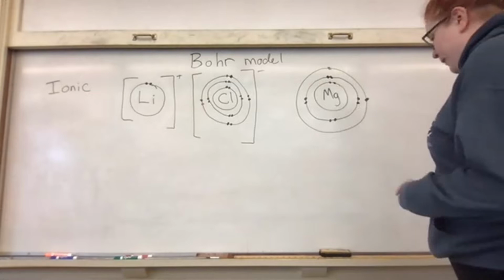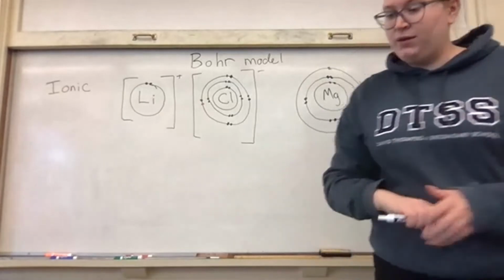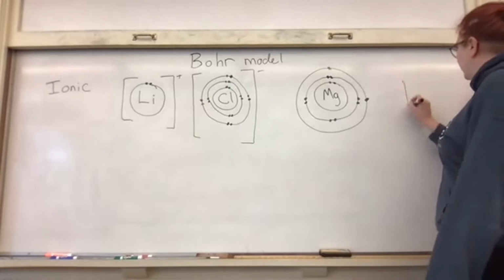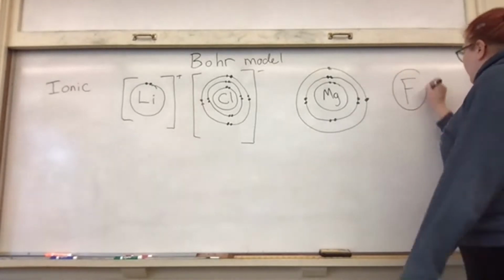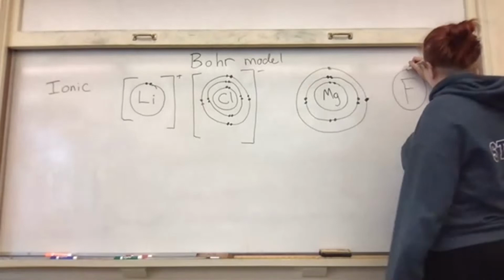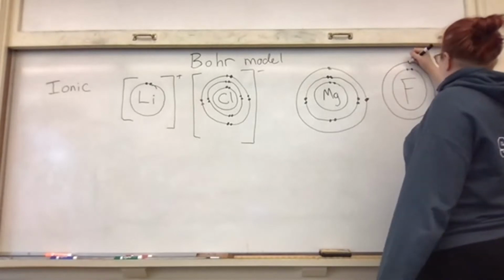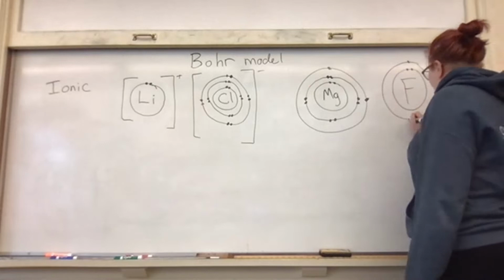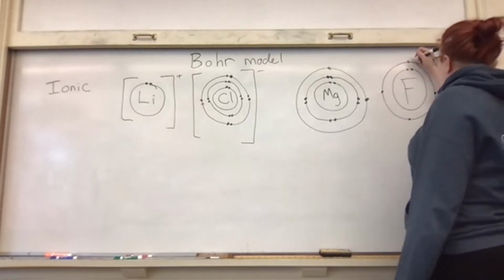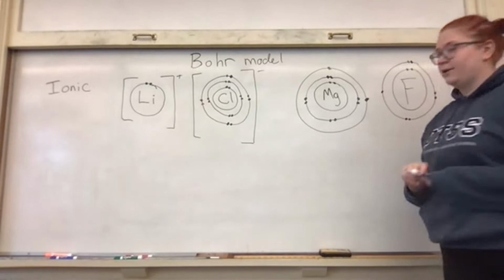You got it. Okay. Now, if it was going to bond with fluorine, look at your periodic table, see that fluorine has 9 electrons. 1, 2, 3, 4, 5, 6, 7, 8, 9.